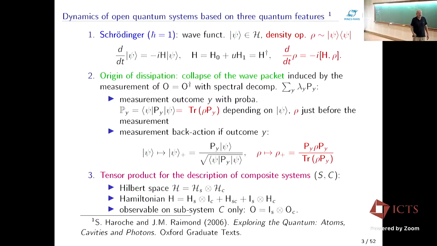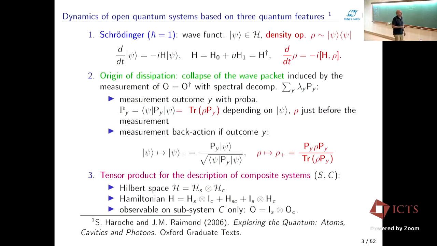And after that, what you measure is something only on the meter, which means that the measurement operator O has a highly degenerate spectrum. So you have to mix all these things.